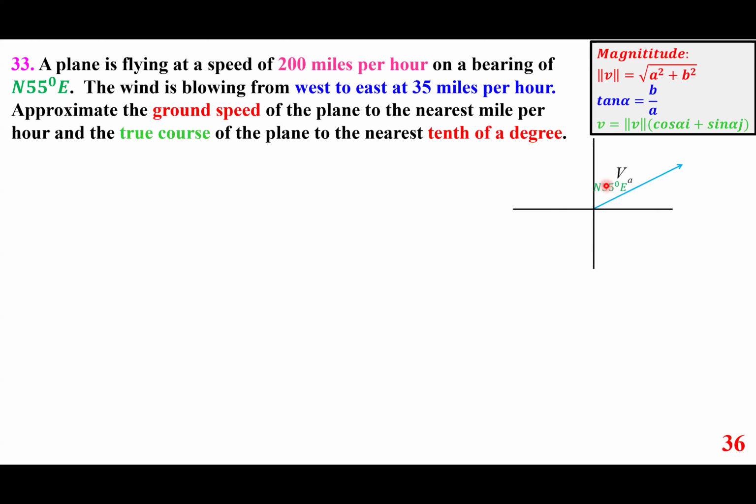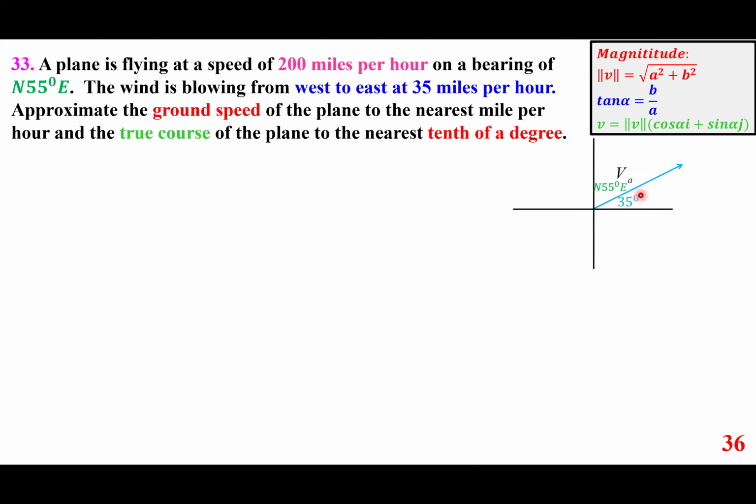So if this is 55 degrees, then this must be 90 minus 55, or 35 degrees. So this v sub a, the velocity with respect to air, has the magnitude of 200 miles per hour. And we want this angle, everybody.